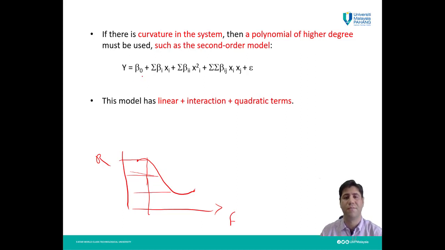And the second order model for this polynomial can be written like this, in which we have coefficients for different factors. And if you remember from regression analysis, this model has linear, interaction and quadratic terms.